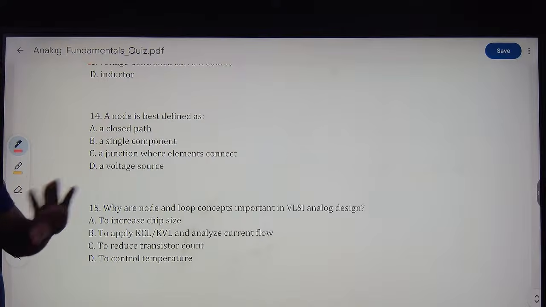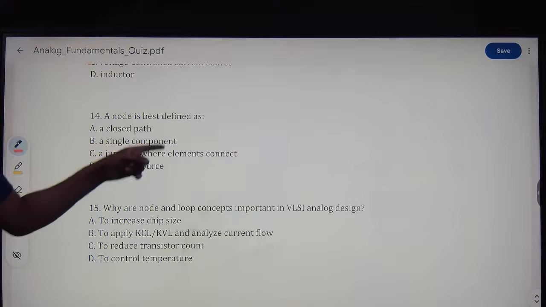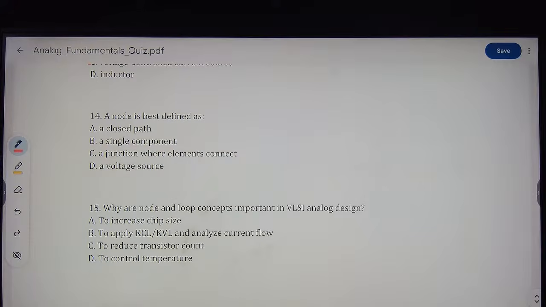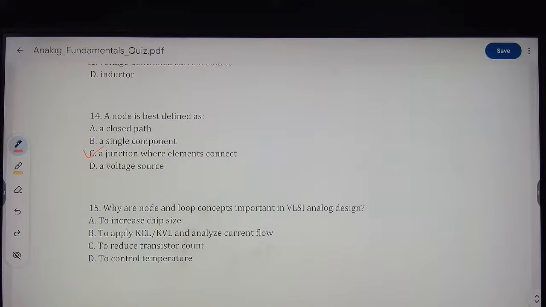So a closed path, no. A single component, no. A junction where elements connect, that will be the correct answer. And I think there is a mistake that B and C have the same option. So the answer will be a junction where elements connect. That will be your 14th answer.